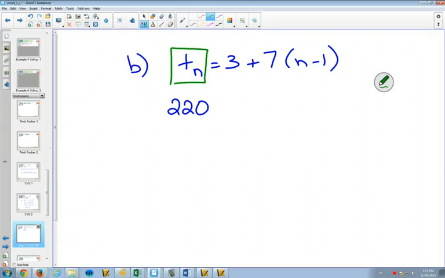Even though we don't know what n is, we do know that there is some term n that's equal to 220. The only thing we don't know is what that n is. What is that n value?